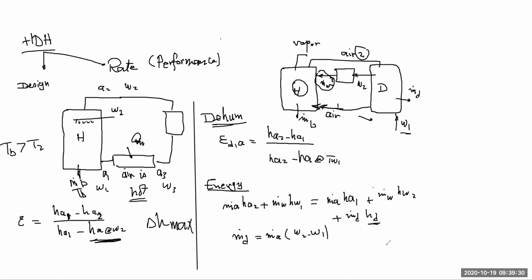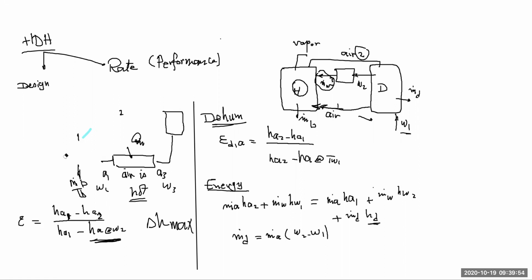The only difference that I did not talk about is in case we have air heating after it leaves the humidifier, which is the modified air heating cycle. And for this cycle, there is some difference here, a piece of information that we don't give to you because we assume that you should know it.